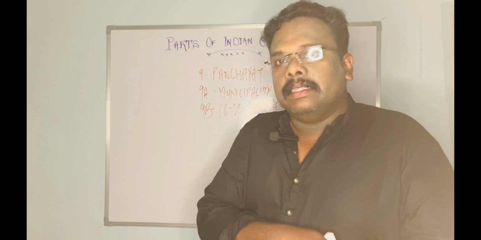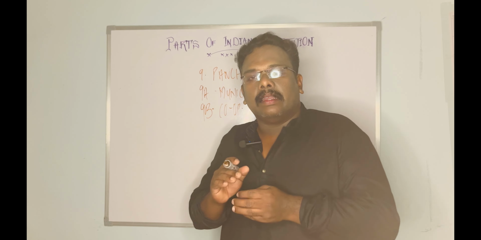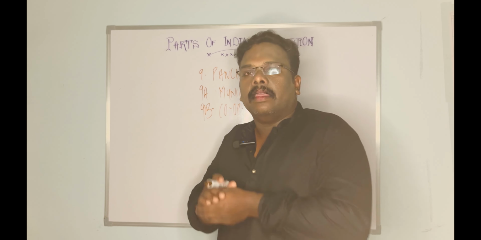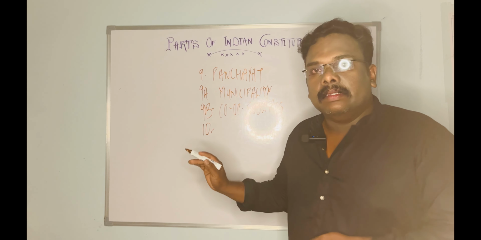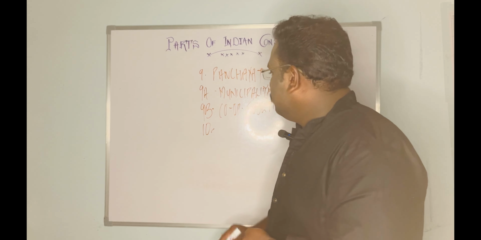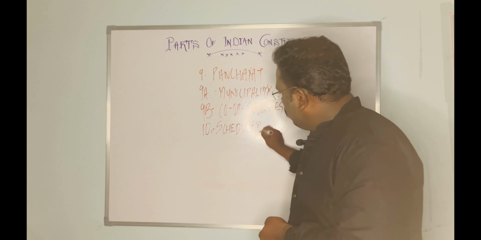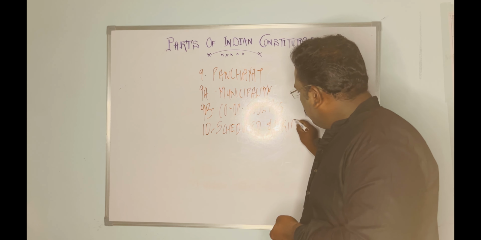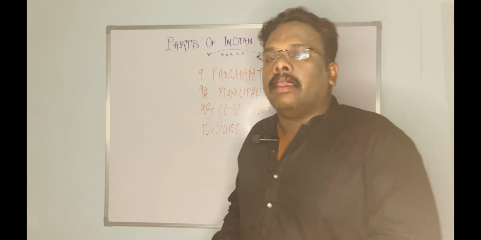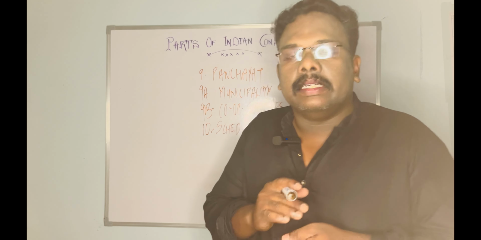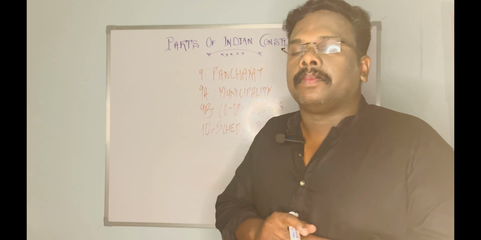So the next part is scheduled and tribal areas, which are primarily ruled by the President of India. Part 10 is scheduled and tribal areas. Now we have just covered the various administrative divisions of the government of India.